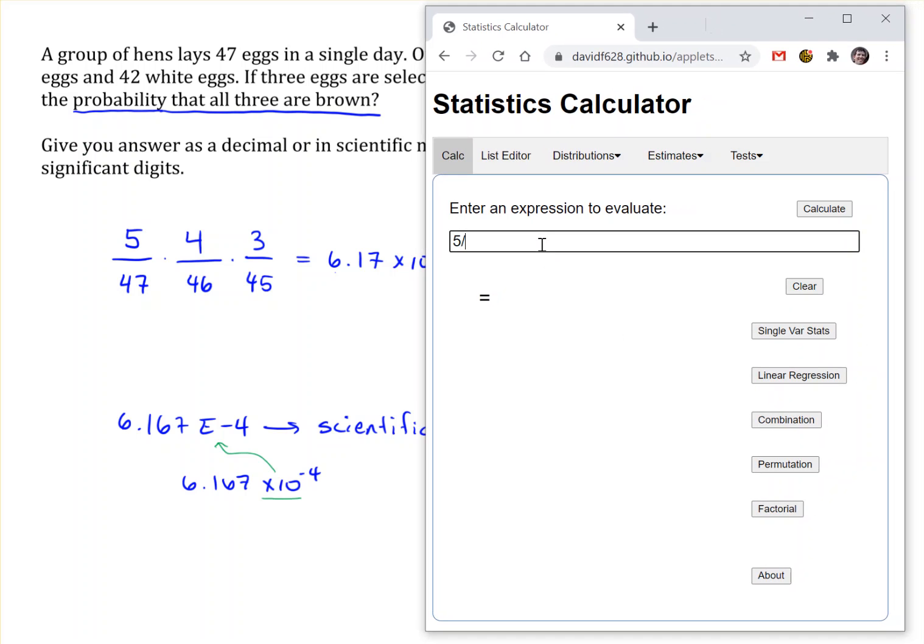So 5 over 47 times 4 over 46 times 3 over 45, and just press enter, and it gives some extra decimal places, and so it doesn't switch to the scientific notation. But if you'll notice, it's the same answer, so 0.000617. So either technology you're using, you'll get the same result in the end.